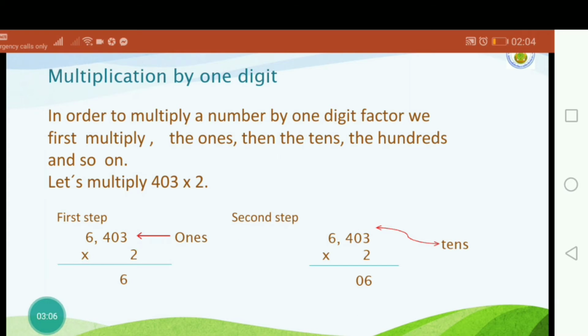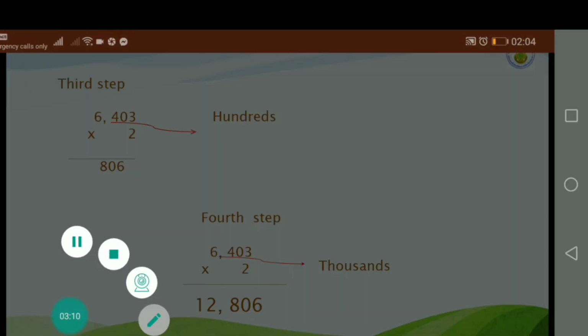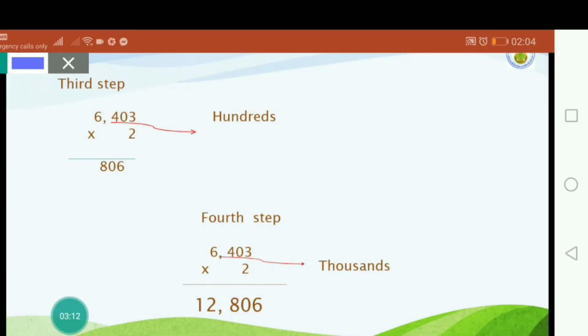Next step, we have hundreds. So we are finished with ones and tens. Let's go on to our hundreds place. In our hundreds place is 4. So 4 times 2 is equal to 8.